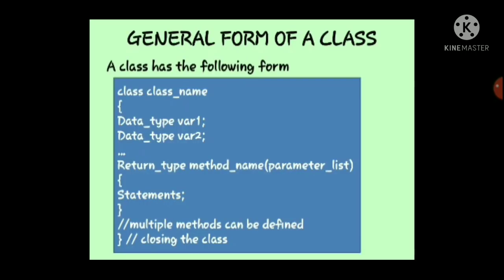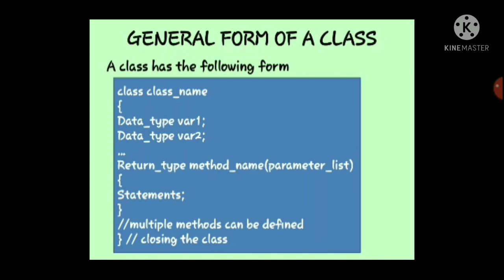So this is the general form of a class. We define a class with the keyword class followed by the name of the class, then opening brace, then followed by the attributes with the data type. Okay, so data type variable 1, data type variable 2 and so on. Number of variables it can have. Then the methods.